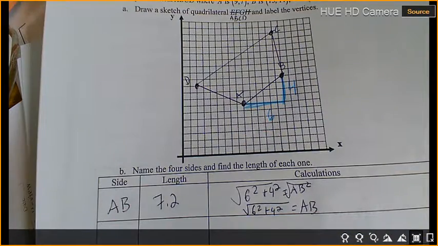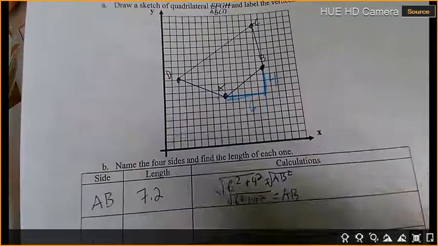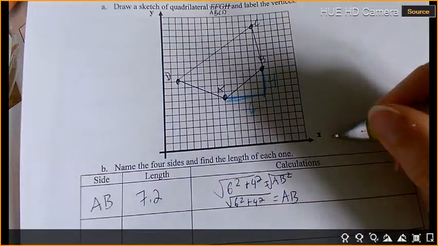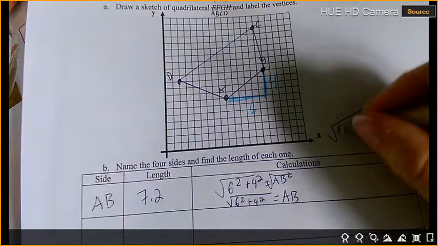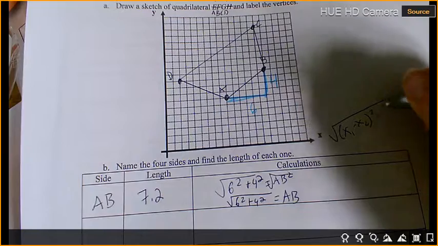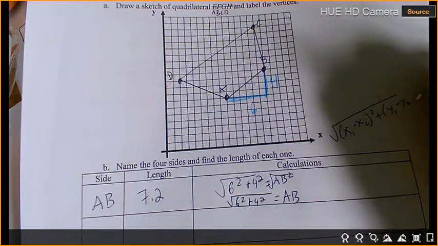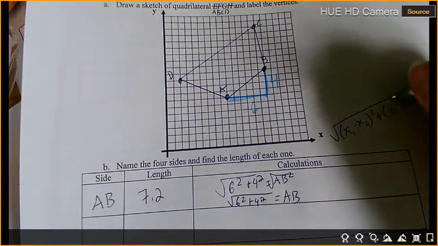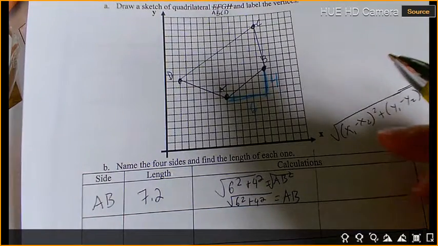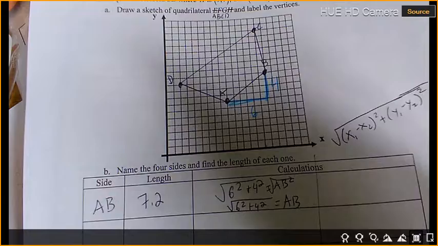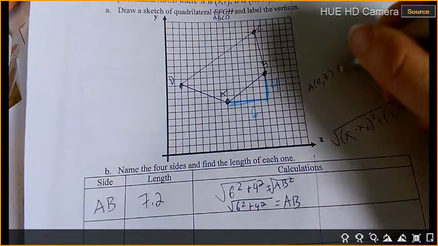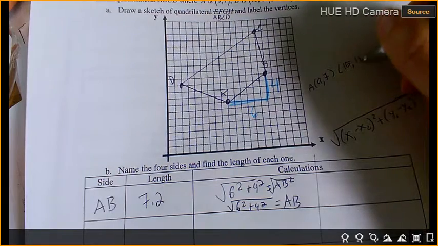Okay, I want to talk about the other way we can do this. When we're talking about length, we can use the distance formula. That's the square root of (x1 minus x2) squared plus (y1 minus y2) squared. Okay, so you can literally put those points in, and we're talking about A to B. So A is (9, 7), B is (15, 11).